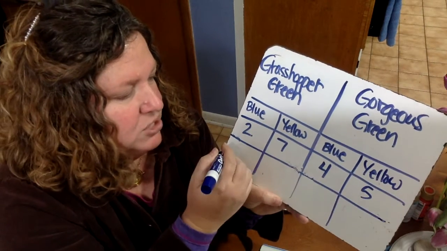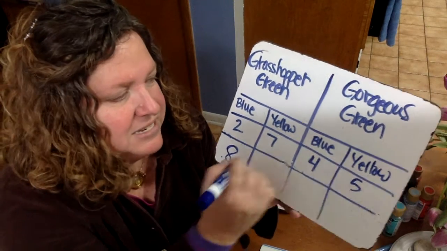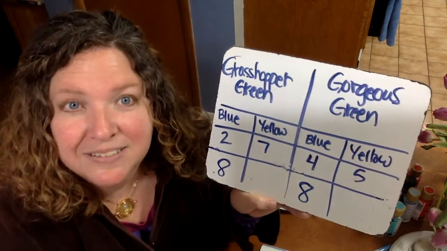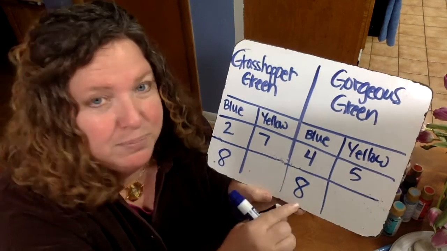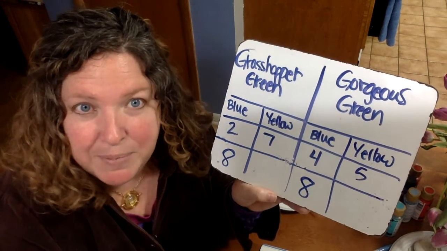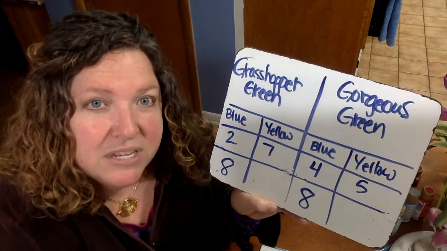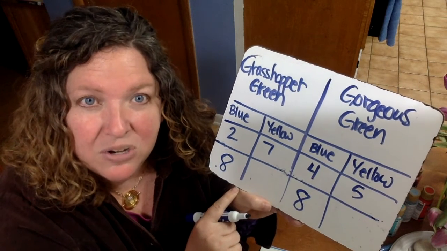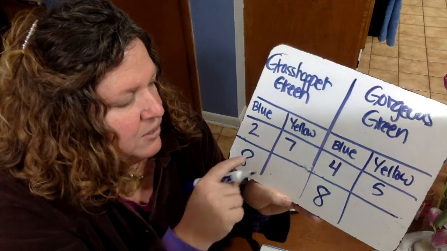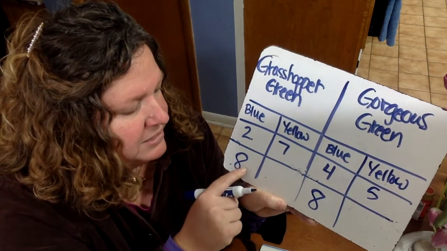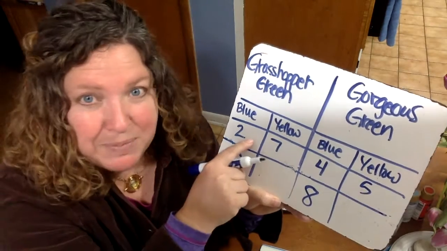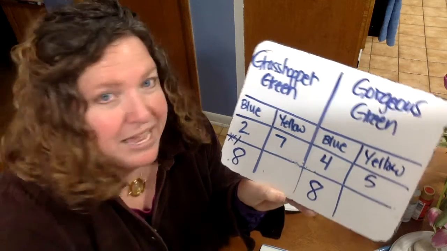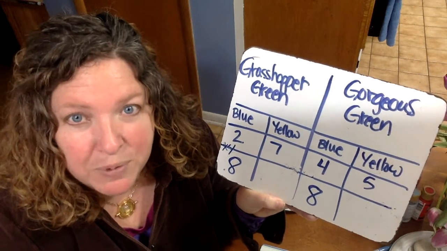So let's change the blue in the grasshopper green and the gorgeous green to 8. So now we're having the same amount of blue. Now we wonder, compared to this amount of blue that we put in, which one has a greater amount of yellow? Well, how did we get from 2 to 8? Our recipe had us putting 2 in, but we could do 4 times that much, 4 recipes of that.